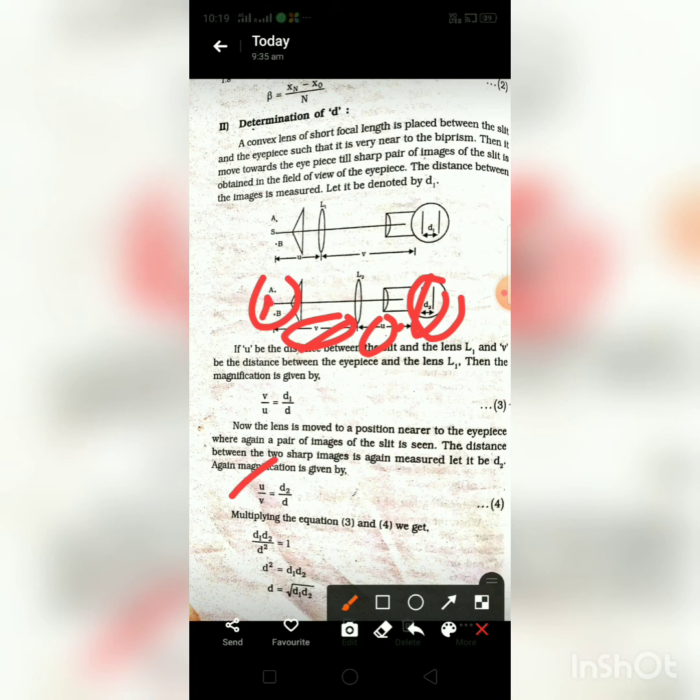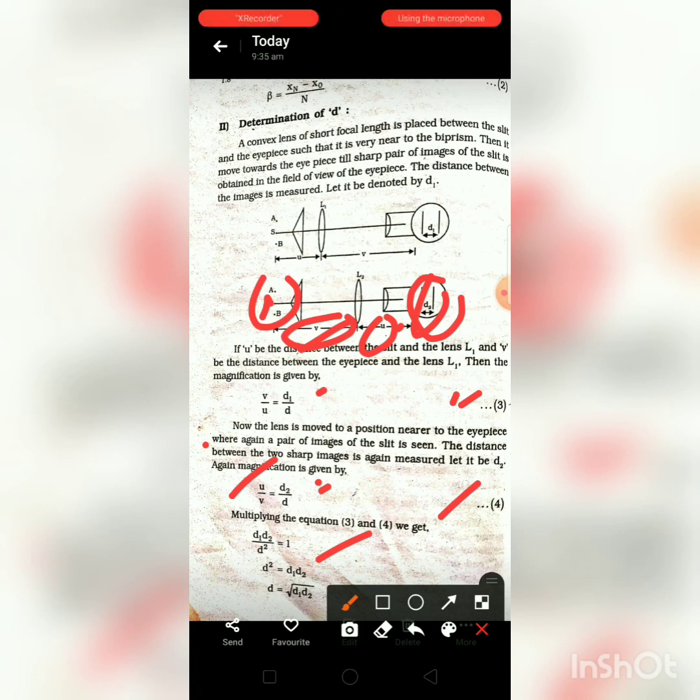Multiplying equation 3 and equation 4, on the left side they get cancelled, because v divided by u and u divided by v cancel. The remaining term is 1 equals d1 into d2 divided by d into d, that is d squared. So d1 into d2 divided by d squared is equal to 1.